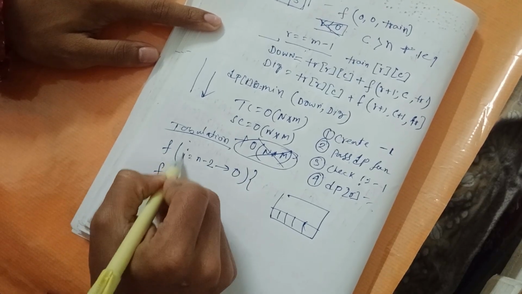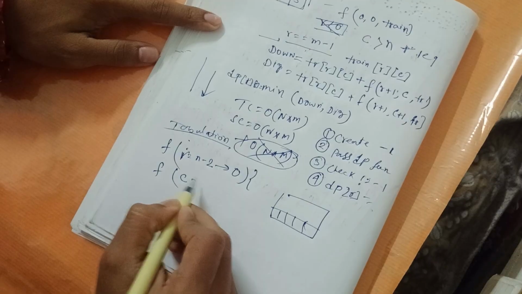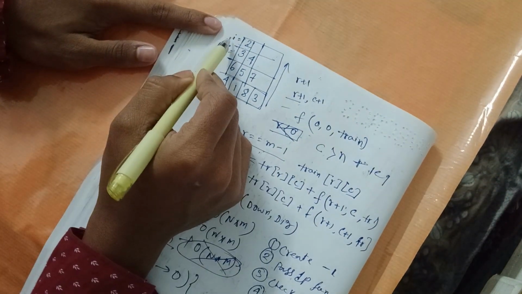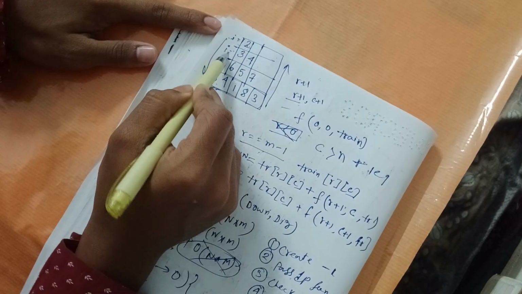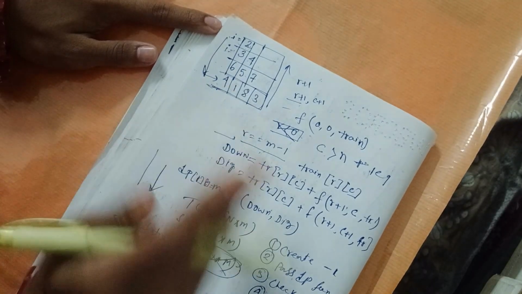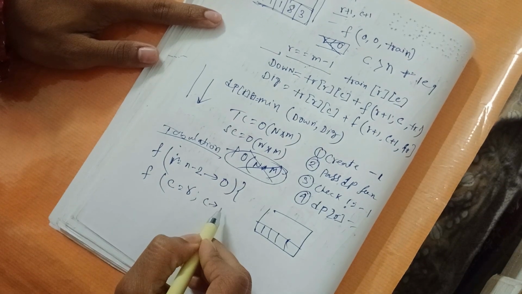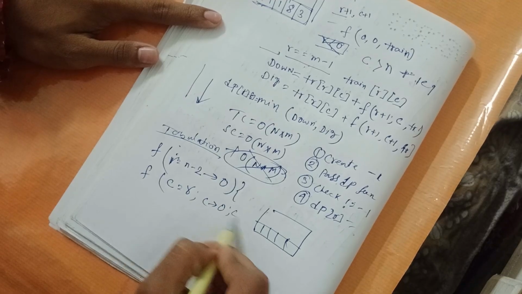This is for the row, and this is for the column, going till r, because when r equals 1 there is 1 element, when 2 then 2 elements, then 3 elements, 4 elements. So I write c equal to r, c going till 0, c minus minus.